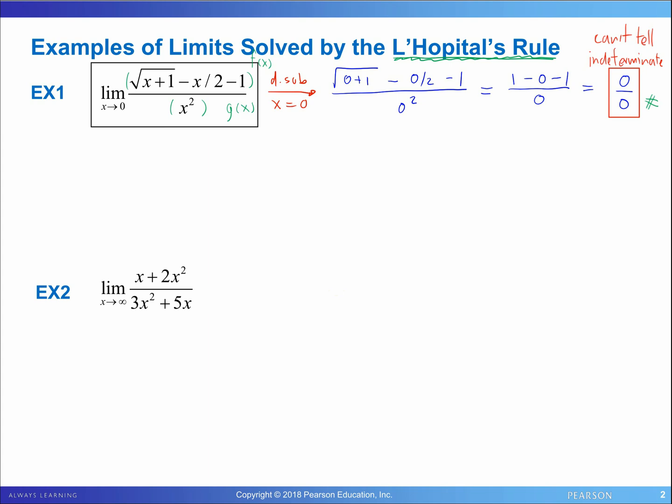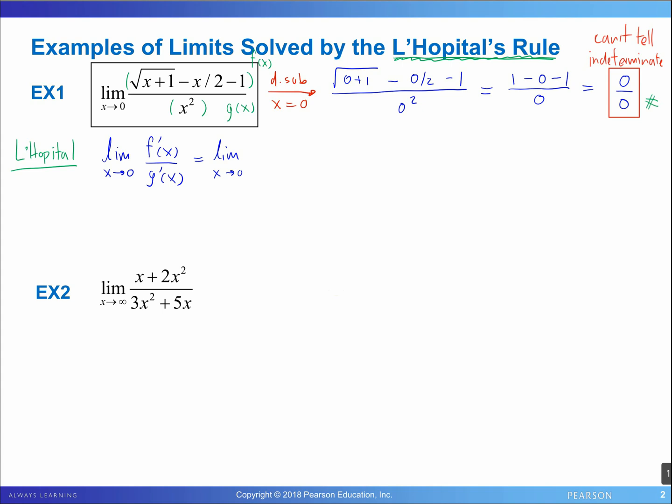Now we can apply L'Hopital's rule down here. We know that we need to find this limit when x goes to 0, same point, of f prime of x divided by g prime of x. And it's going to be equal to the limit when x goes to 0.